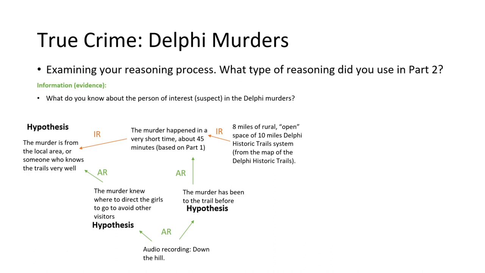I think the murder happened between 2:15 and 3 p.m. in the forest on the south side of the Monon High Bridge, which was a very short time, about 45 minutes.